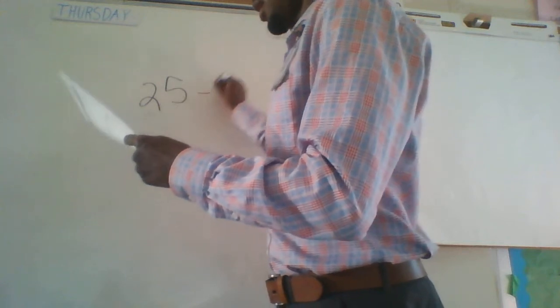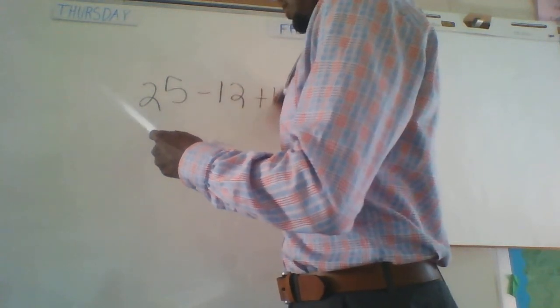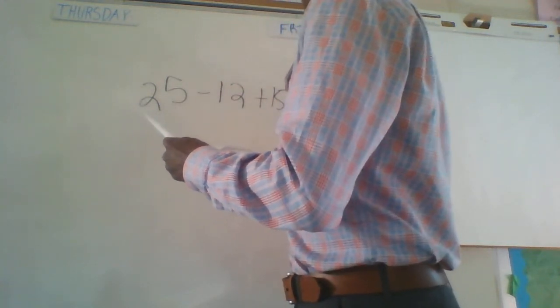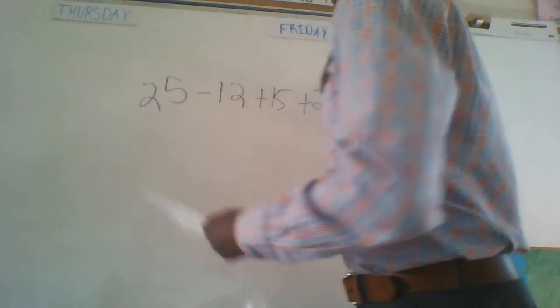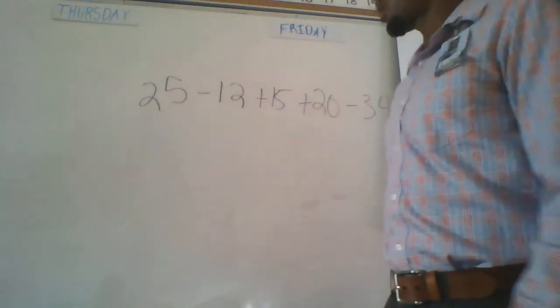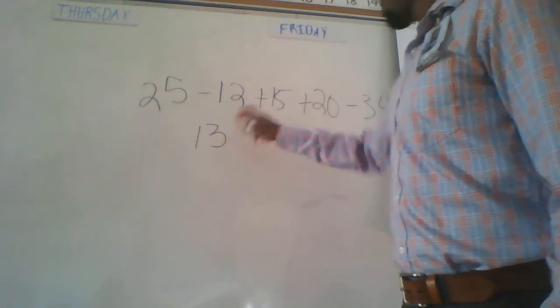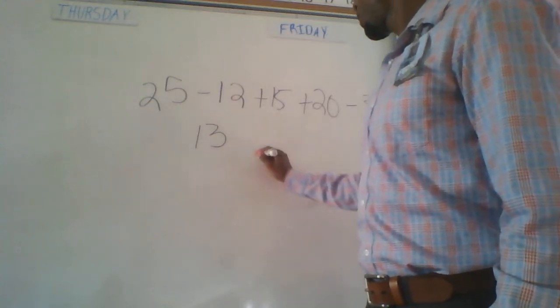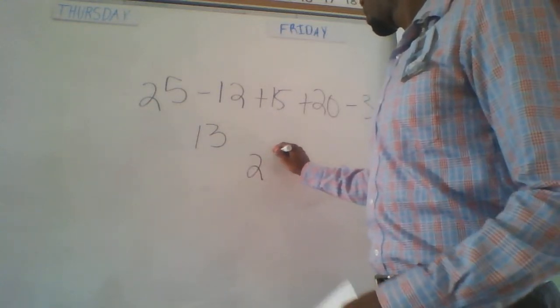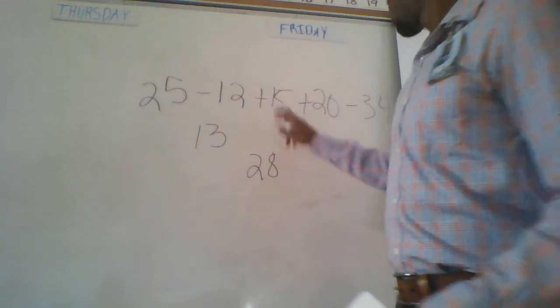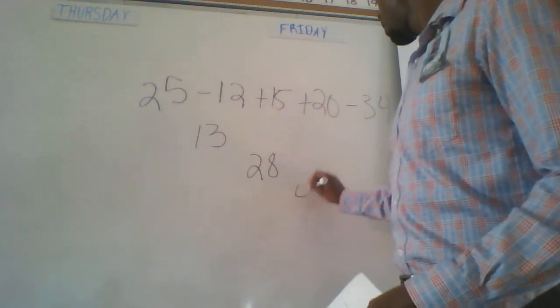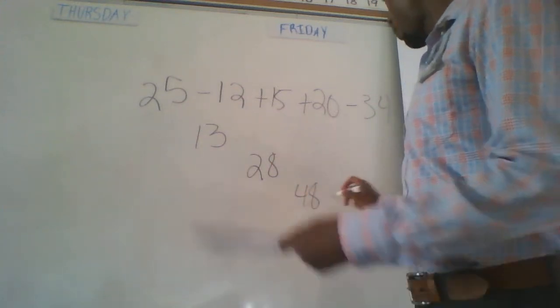You got 25 minus 12 plus 15 plus 20 minus 34. 25 minus 12 is 13. 13 plus 15 is 28. 28 plus 20 is 48. 48 minus 34 is 14.